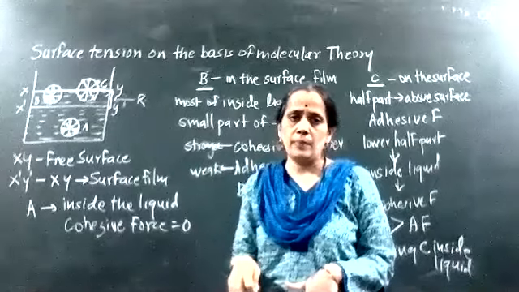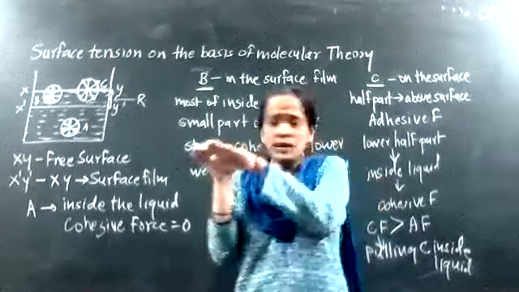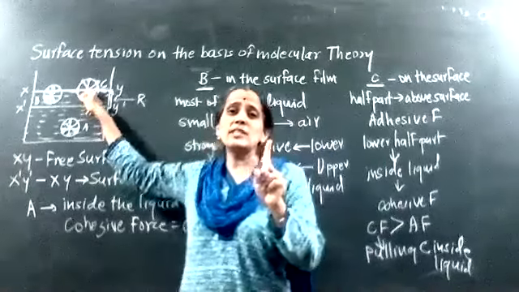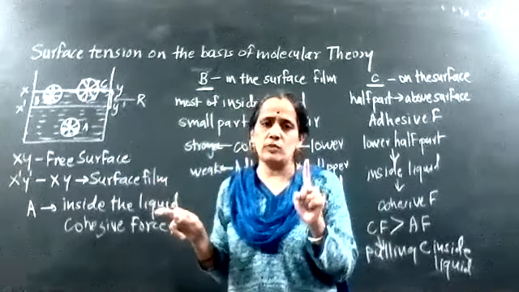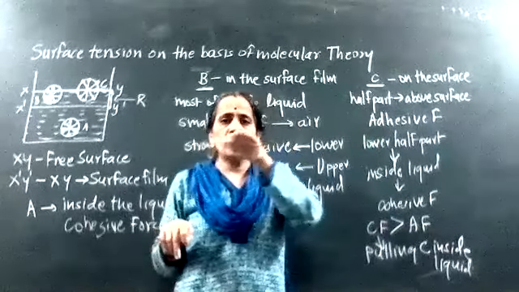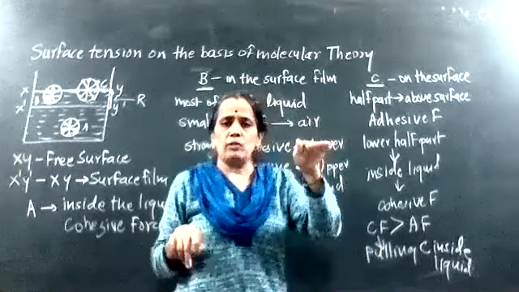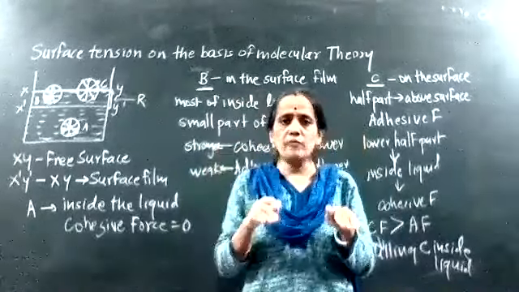liquid. And therefore, regarding the surface area, the C molecule is a representative of all molecules which are present on the surface area. So for all the molecules present on the XY surface area, the cohesive forces are more effective.